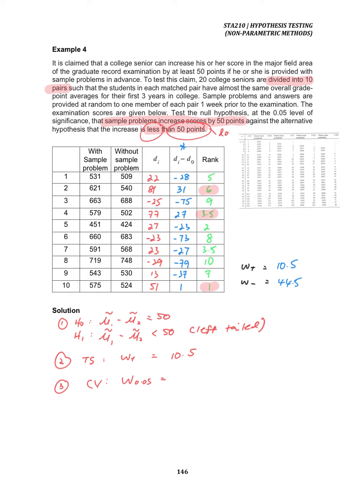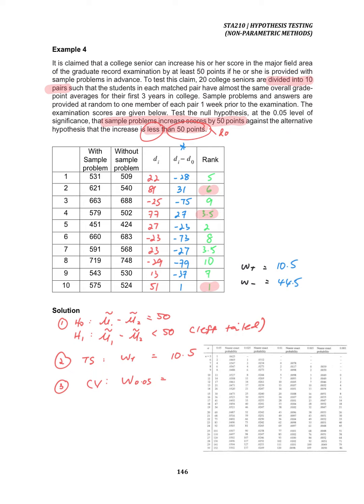So we can refer to the table. Apa yang awak boleh cari? Awak kena cari the critical value, which is W alpha. Alpha here is 0.05, for n equals to 10.